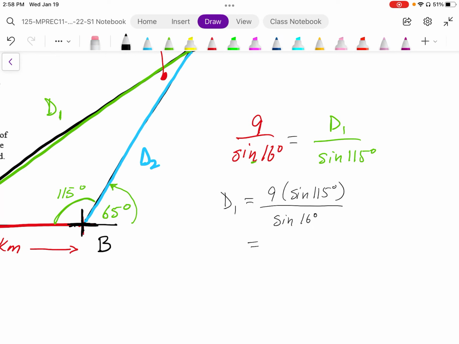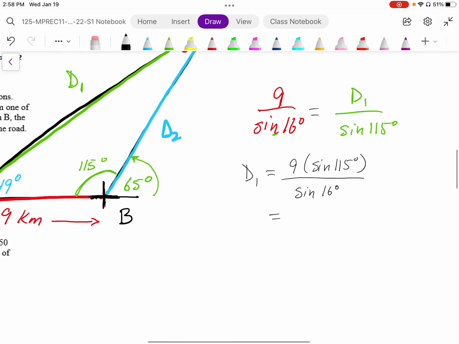Okay, at this point I'm just going to calculate in my calculator. So plugging this in, 9 sine 115 divided by sine of 16 degrees, and that's going to give me 29.59.